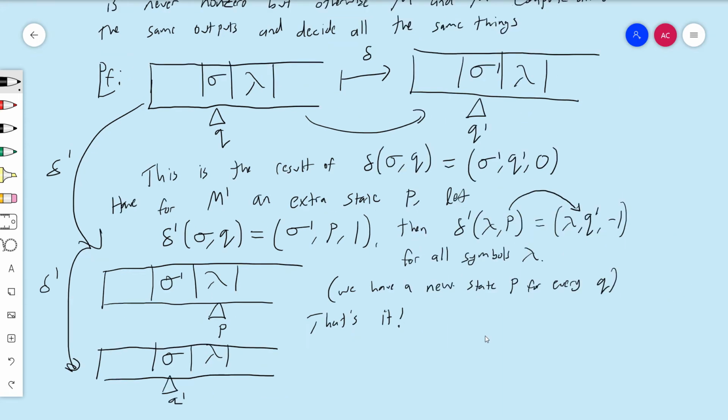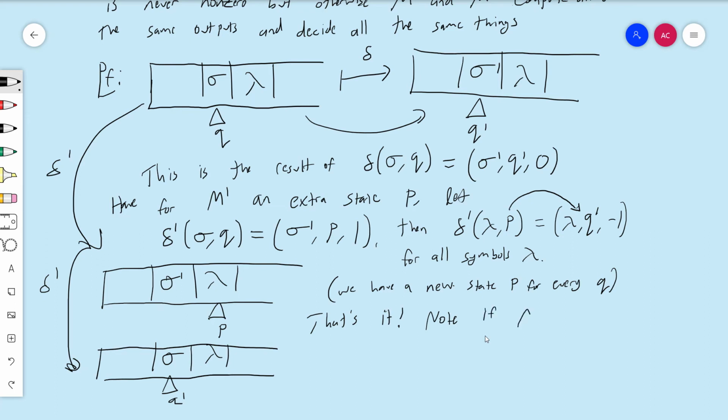Let's think about time and space. First of all, note no extra space used. Well, I guess if this was a blank symbol, then it would use kind of 1 extra space. So let me go ahead and say this.